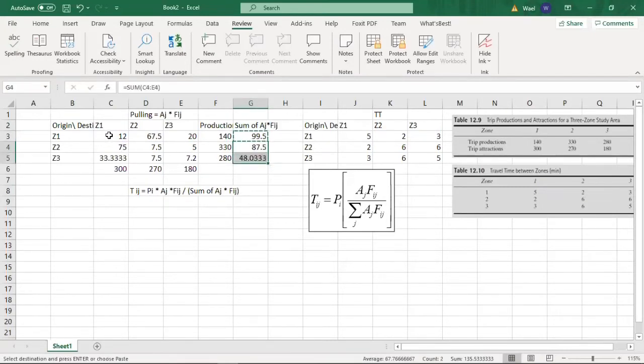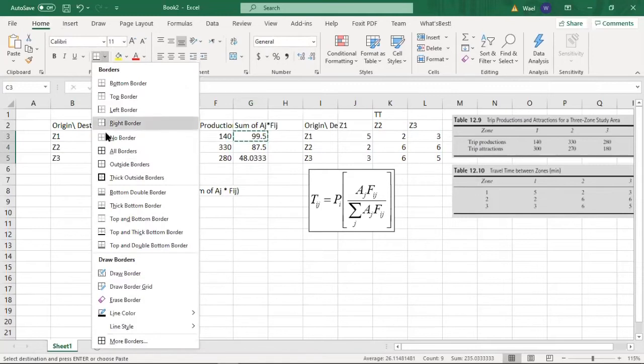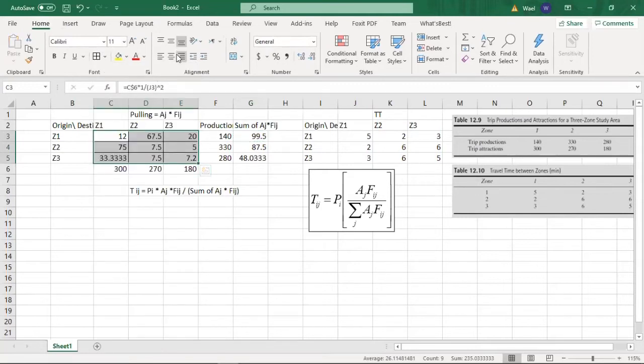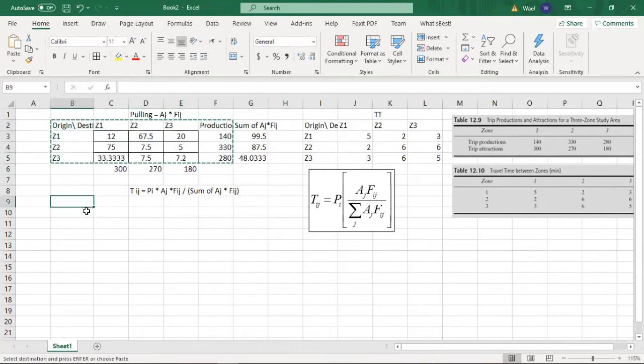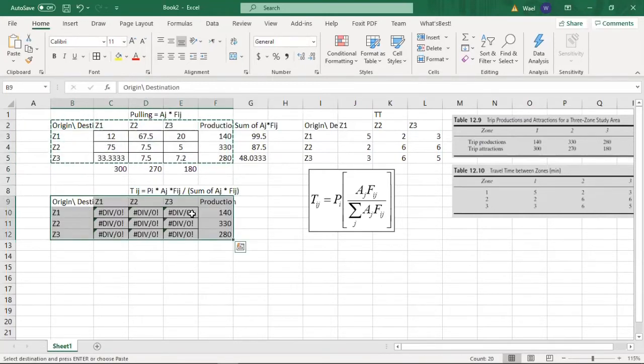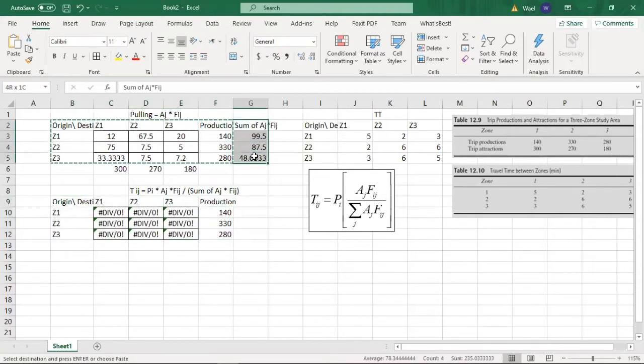Let me arrange this in a better way so that nobody will be confused. So the trips now between, that's the production and that's the sum here. Let's copy it as a value.